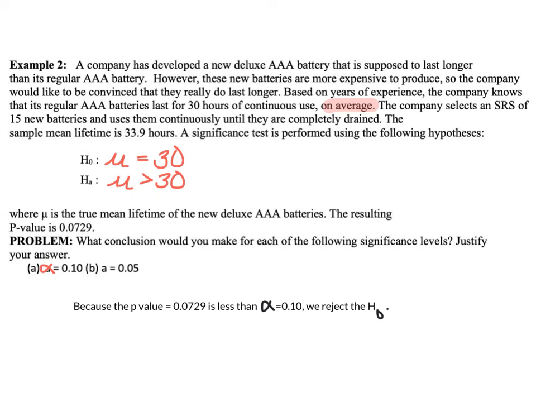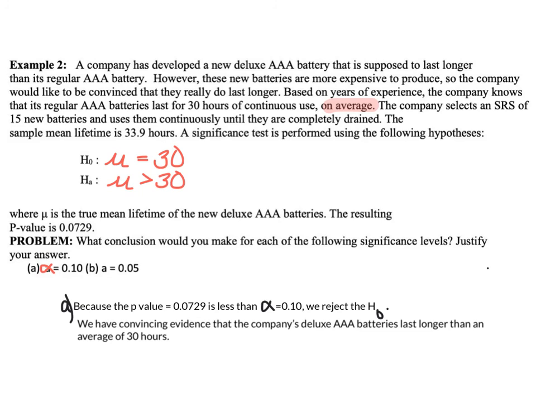So when the p-value is low, you're going to reject the H sub O. Now we put a statement in context. We have convincing evidence that the company's deluxe AAA batteries last longer than an average of 30 hours.